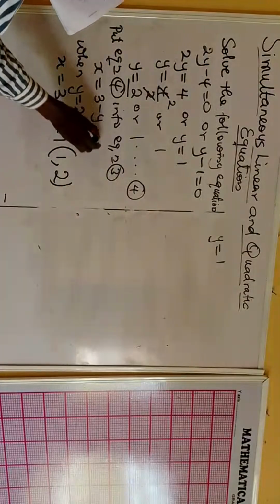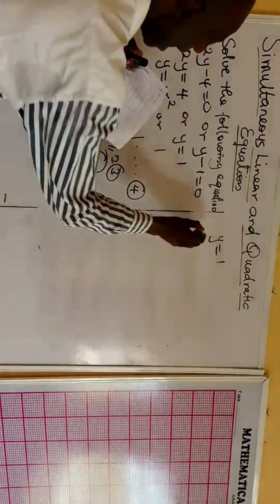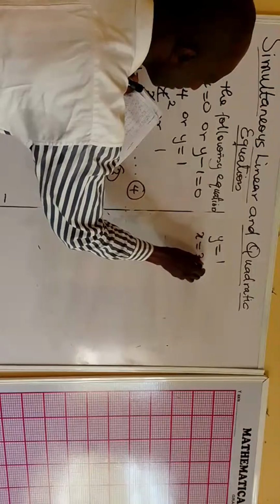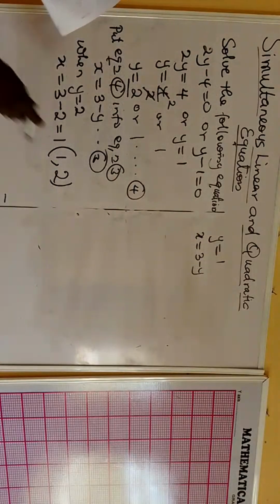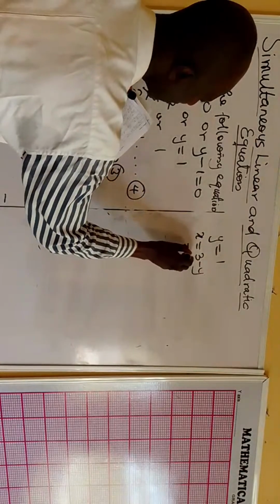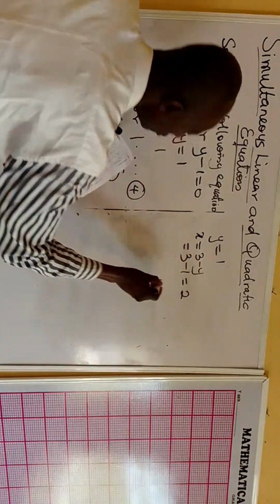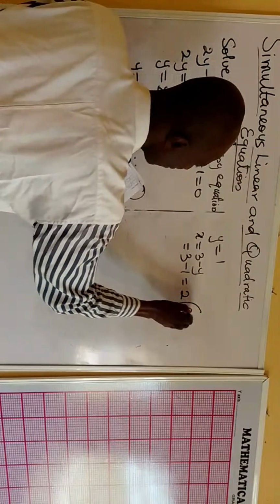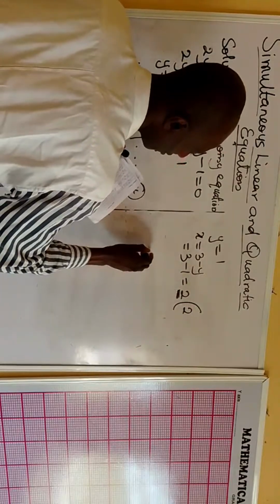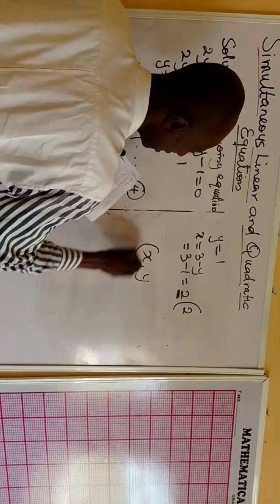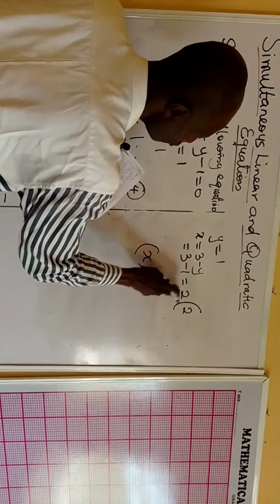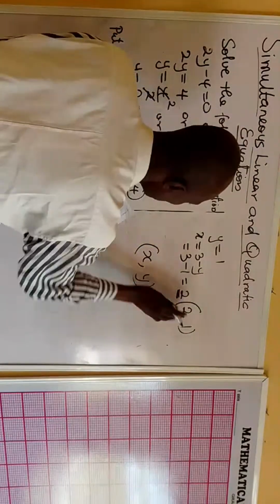Substituting in equation 3, x is equal to 3 minus y, and y is equal to 1. 3 minus 1 is equal to 2. So the coordinate point is to write the value of x, because in a coordinate point we have x and y. So x is 2, y is 1.